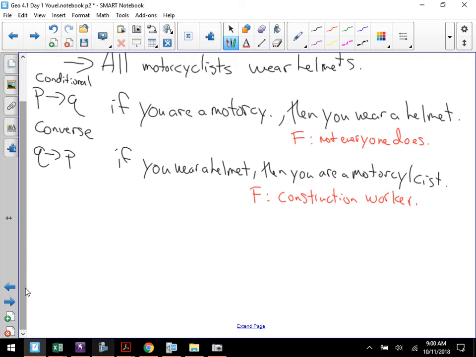Okay. Converse, then we did inverse. Inverse was the not. Very good. Not P, not Q, which means that you just have to put the word not into it.